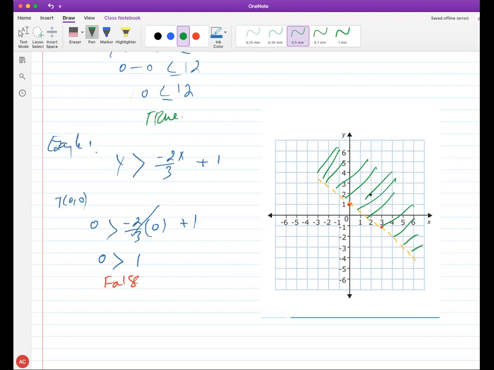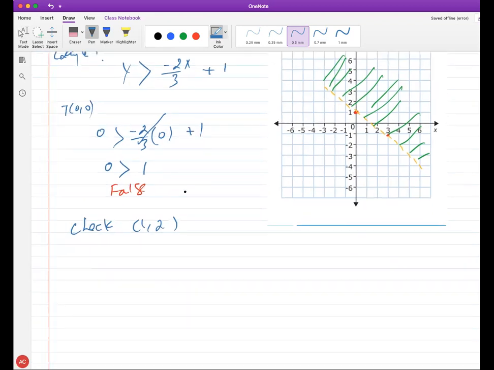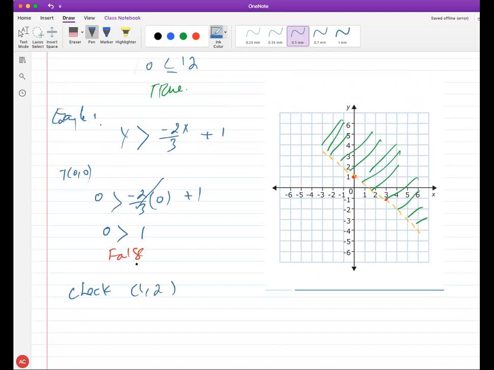But any other point you can try for yourself. You can take, for example, 2 and 2, plug them here. Let's actually check that, let's say this point here. This point is 1, 2. We know for a fact that we should get something true, not false. So because this is the right side, let's make sure.